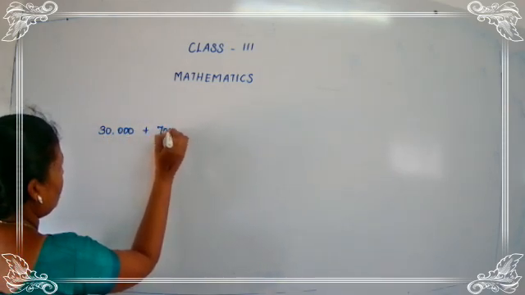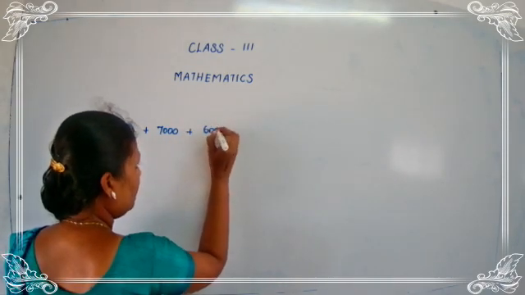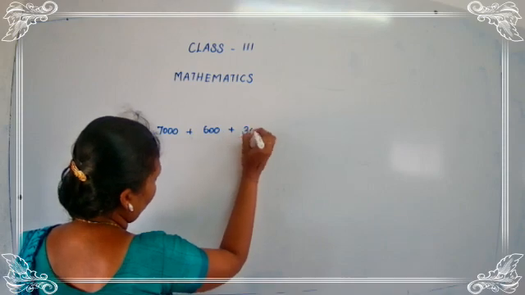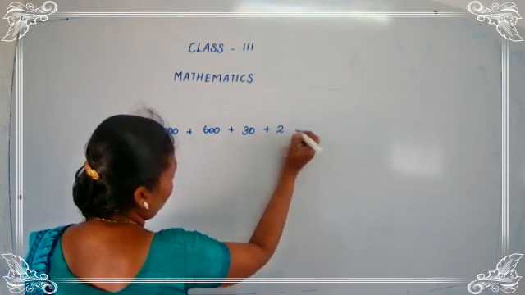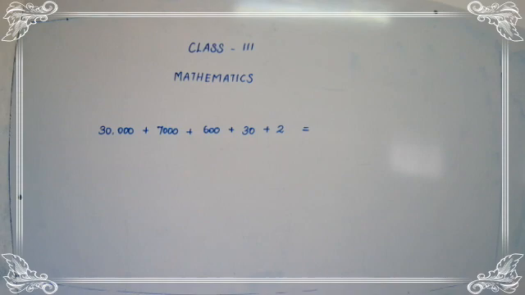30,000 plus 7,000 plus 600 plus 30 plus 2. Write the short form for the expanded form. See the board. The first one, what is this number? 30,000.